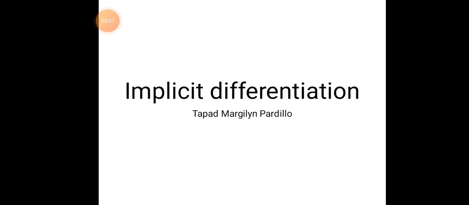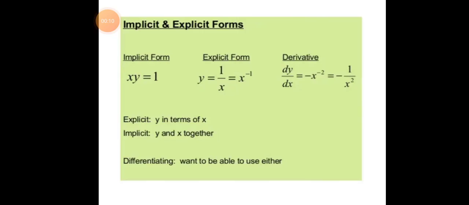Now, I want to discuss implicit differentiation. Implicit and explicit forms. The implicit form is xy equals 1. The explicit form is y equals 1 divided by x, which equals x to the power of negative 1.